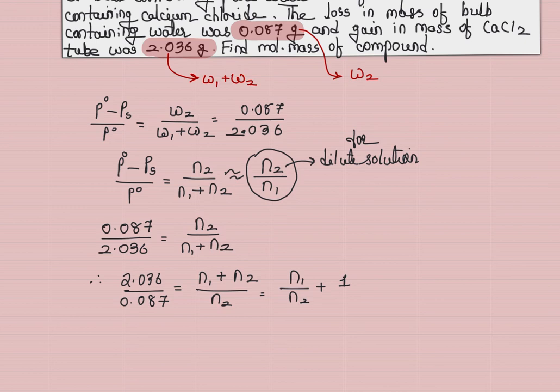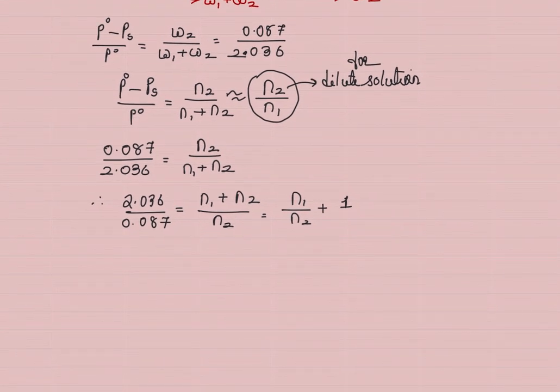So what we could probably do is 2.036 upon 0.087 minus 1 is equal to N1 by N2. So we would further calculate this.